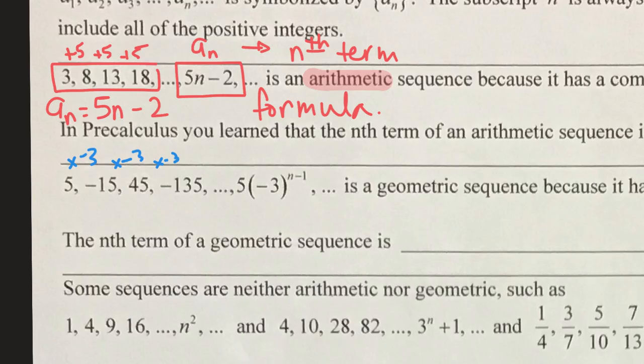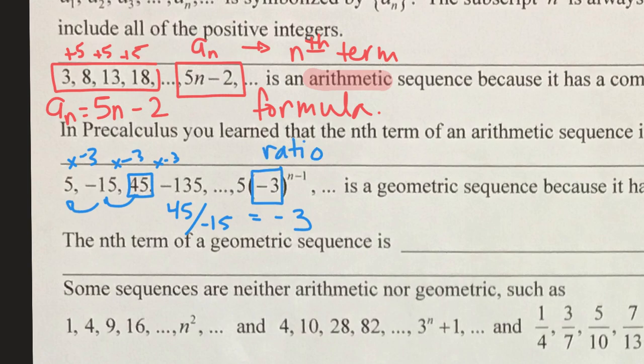We can always find that ratio simply by doing any term divided by its previous term. Right? And if these are all common, no matter what two terms you pick, then we have a geometric sequence. So you can always find the ratio. This is called your ratio, by dividing any term by its previous term.